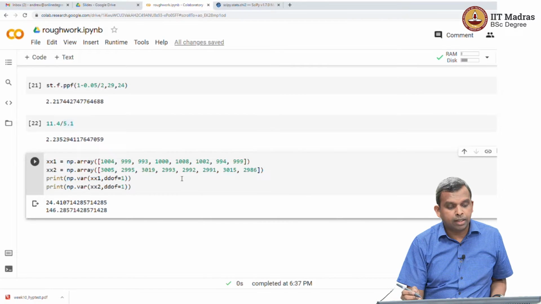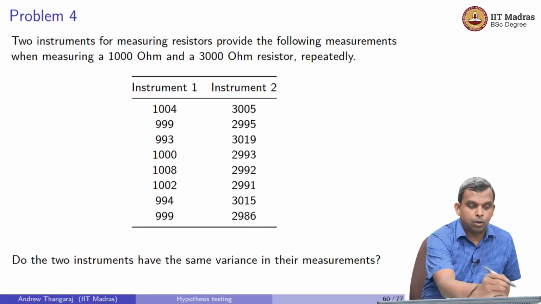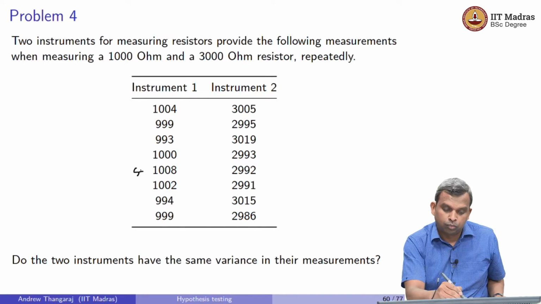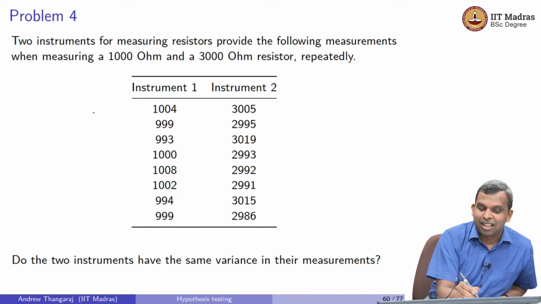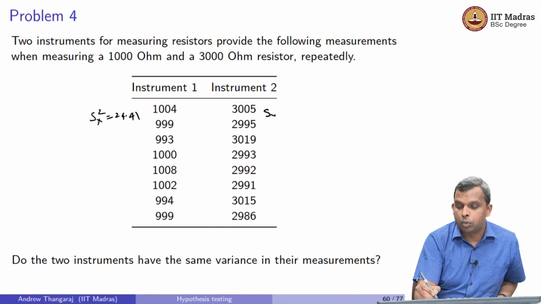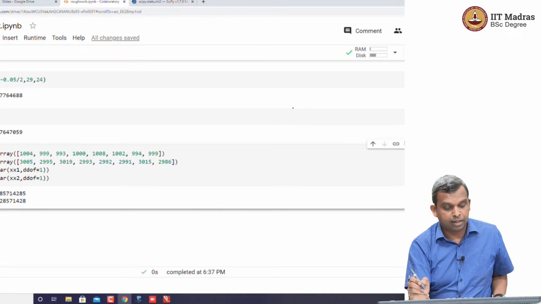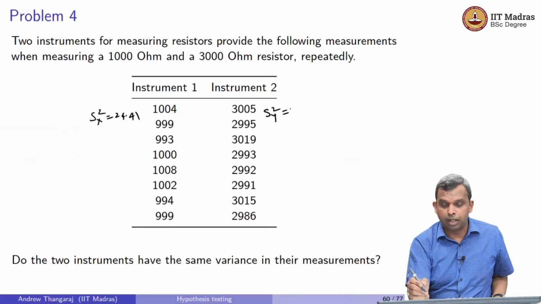So Sx squared equals 24.41, and Sy squared is 146.29.